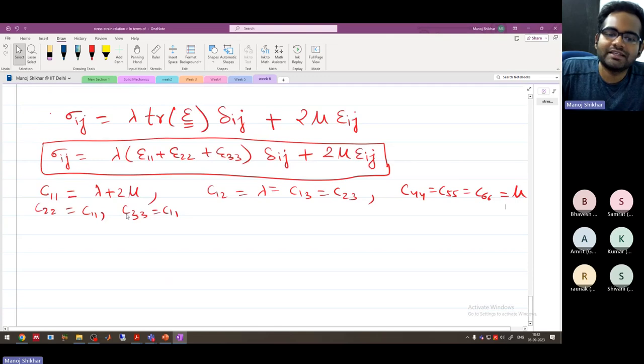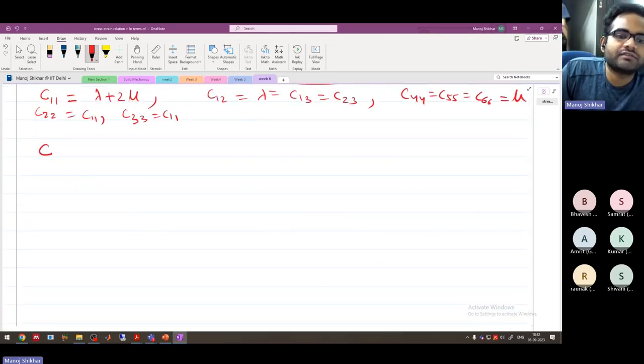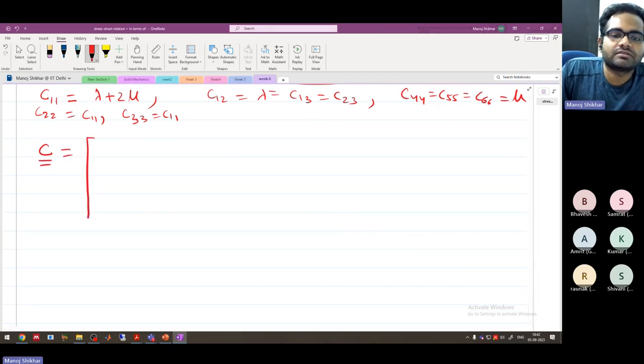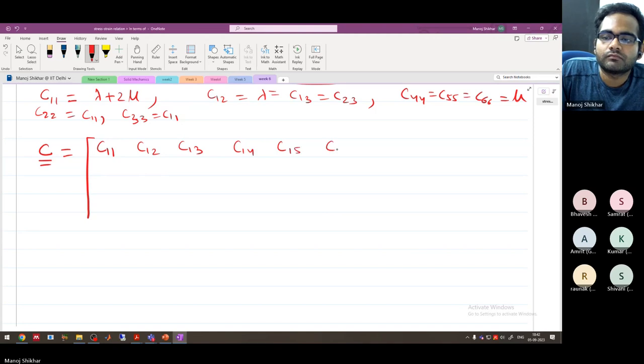Now what are these Cijs? So I will write it here. The 6 cross 6 stiffness matrix can be written as follows. This will go to C61, and here it will go till C66.